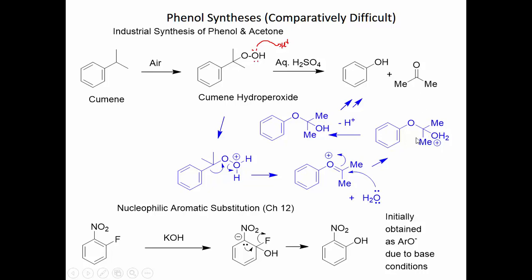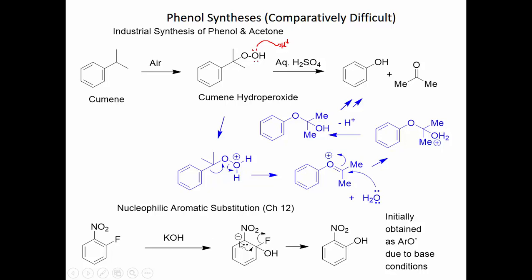If you remember back in the aromatic substitution chapter, we had something called nucleophilic aromatic substitution. If you have a fluorine or chlorine or bromine or iodine, any halogen, fluorine's actually the best, and ortho or para to that is a really good electron withdrawing group like nitro, what happens is you'll do a nucleophilic substitution reaction.